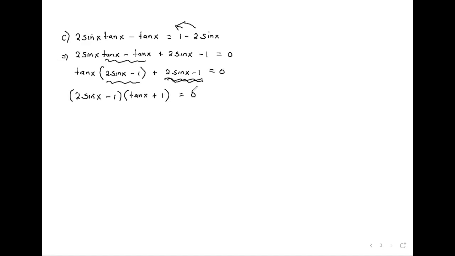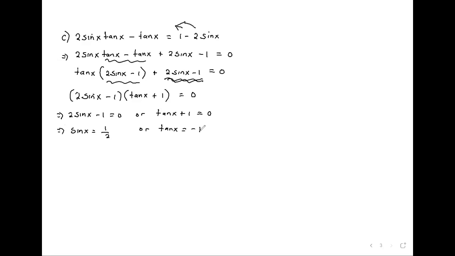This means that 2 sin x minus 1 is 0, or tan x plus 1 is 0. This implies that sin x is 1 over 2, or tan x is equal to negative 1.